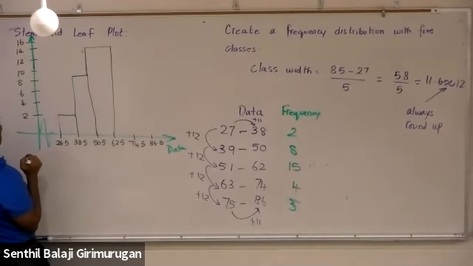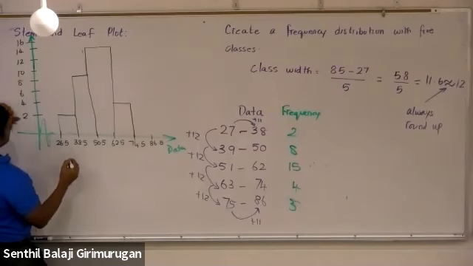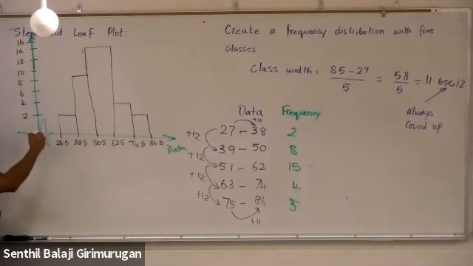The next one, 4. Next one, 3. Last one, of course, 0. Good. Isn't that similar to what we saw in that stem and leaf plot? Only this time you don't get a spring.